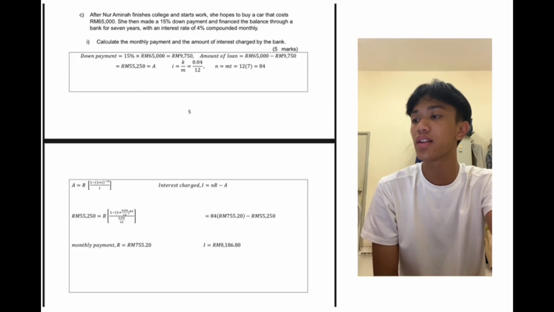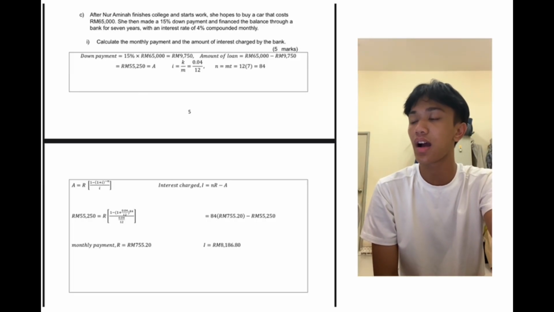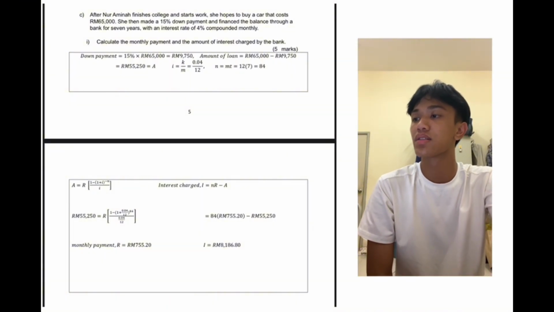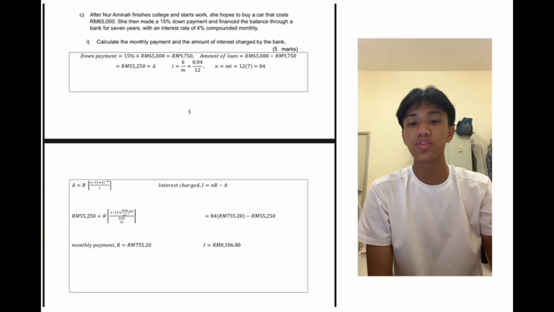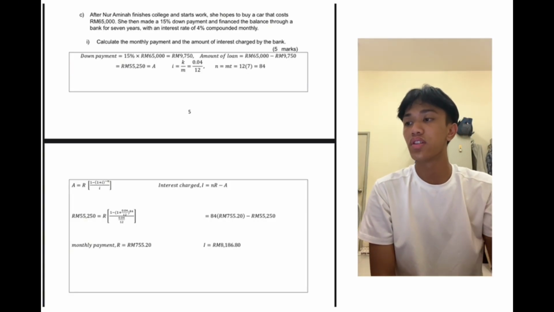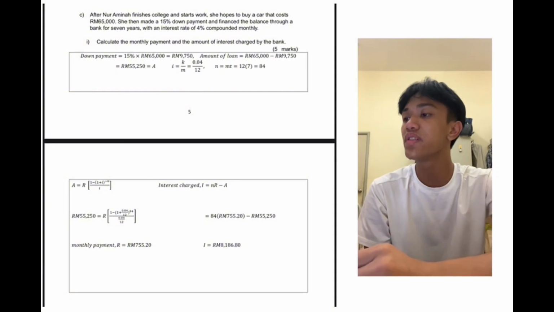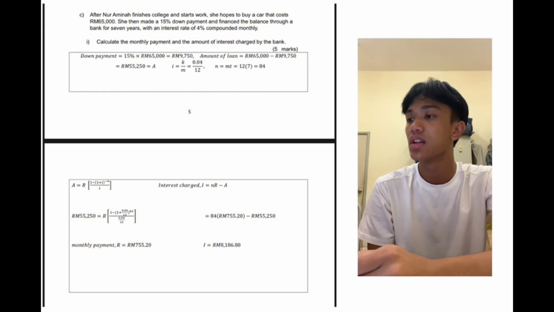So for me to find the monthly payment, which is R, I will use the formula A equal to R in bracket 1 minus 1 plus i power of negative n over i. So I will just substitute the values into the formula. So RM 55,250 equal to R in bracket 1 minus 1 plus 0.04 over 12 power of negative 84, over 0.04 over 12.